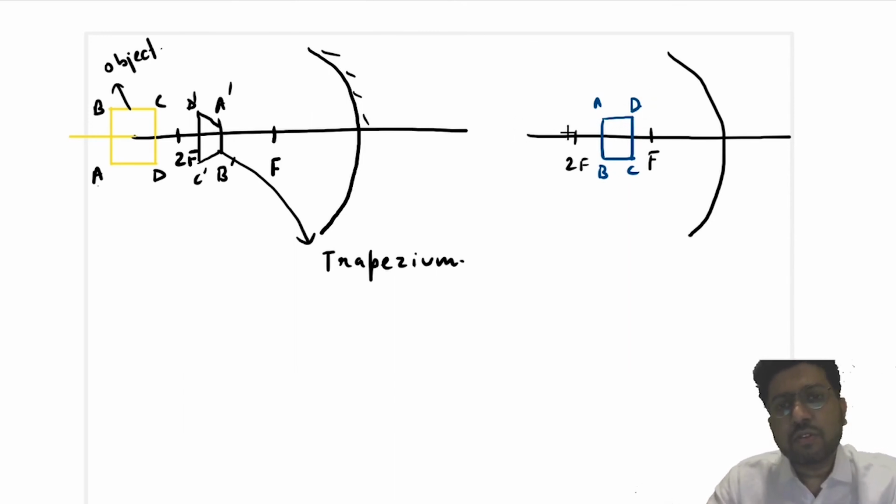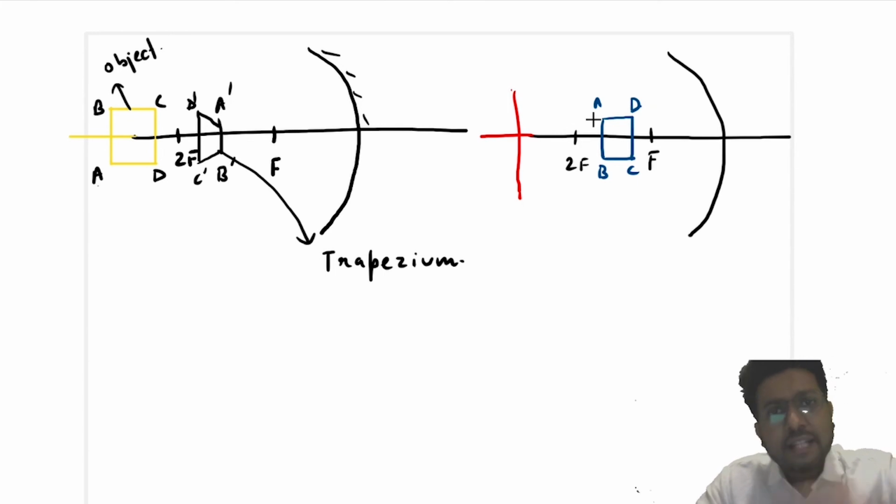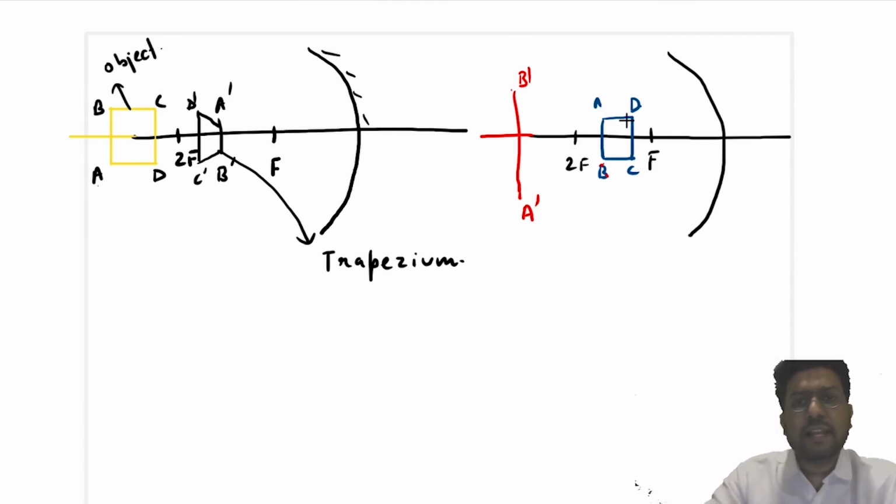You know that the image is laterally inverted. That means if AB here is towards left, it will be towards right here and it will be magnified. So let us draw this AB. B was lower here, it will become B dash above the principal axis. A was above the principal axis, now A dash will be below the principal axis, right?